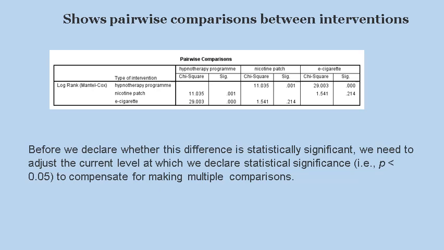To compensate for making multiple comparisons. Here we are comparing between three different subgroups: hypnotherapy program with nicotine patch, hypnotherapy program with e-cigarette, nicotine patch with e-cigarette. Three different, multiple comparisons.